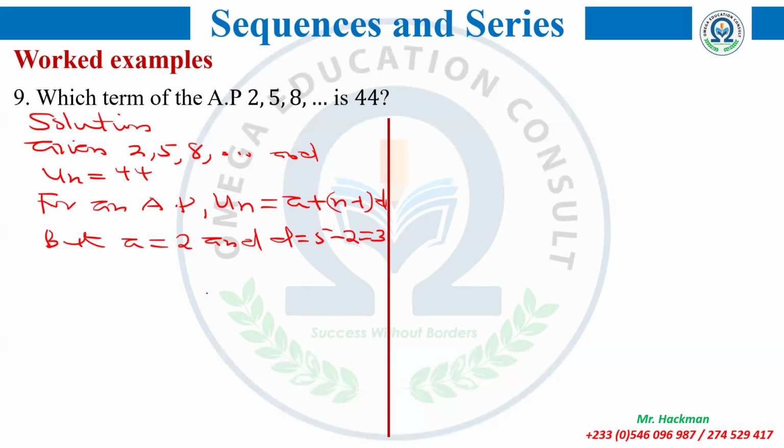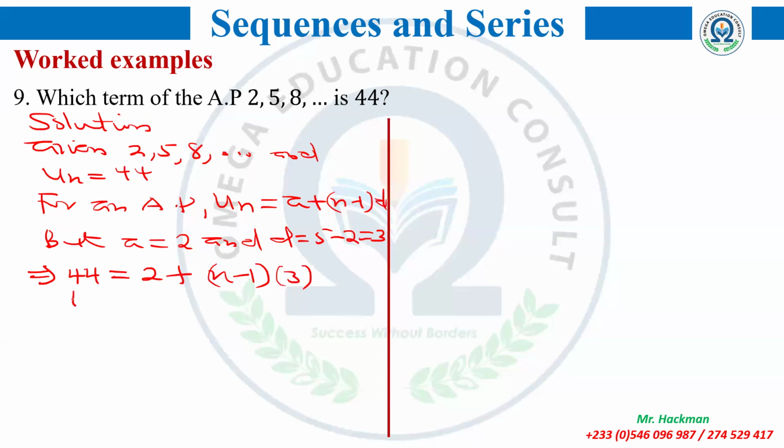So at this point, we are more than good to go. This implies that, I'm going to carry out the substitution for A and for D as well. You can see that u sub n is also known, so I can substitute this too. Like I said when I was walking you through the solution of Kennedy, I will do the substitution all together. U sub n I know is 44, so I will write the 44 there. It's equal to A, which is 2, plus n minus 1, and D I know, that is 3.